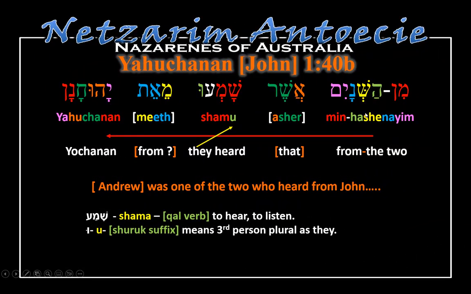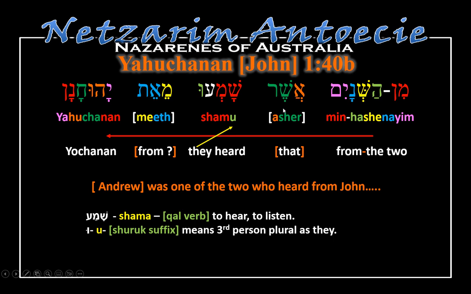So now we come to 40b, and we see we've got a mem, a nun sofit, a hey, a shin, a nun, a yod, a mem sofit, and a aleph, a shin, a resh, a shin, mem, ayin, vav, mem, aleph, tav, yod, hey, vav, chet, nun, and nun sofit. And we read it. Min, meaning from, ha shanayim, the two.